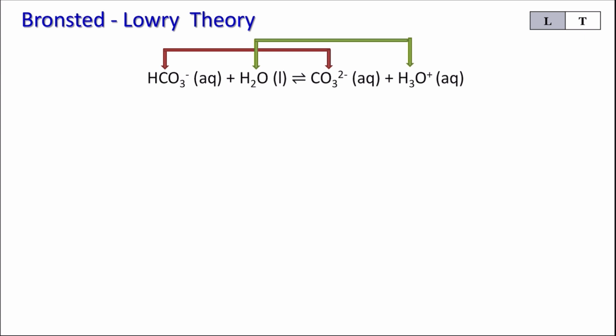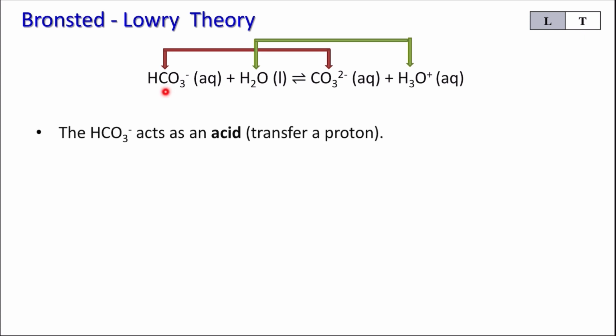And then once we already coupled them, kita kena identify which one is acid, which one is base. So based on this reaction, HCO3- can act as an acid sebab dia transfer H+ dekat sini, proton, untuk jadi CO3 2-. So dalam kes ini, apabila dia transfer, siapa yang terima?